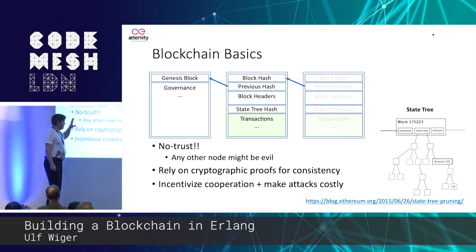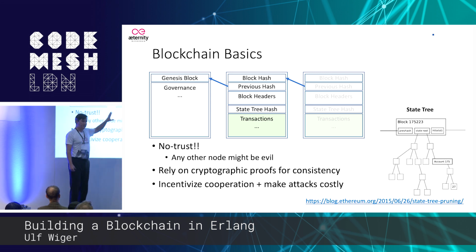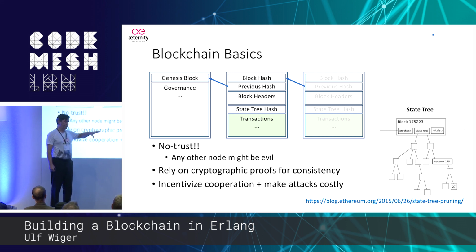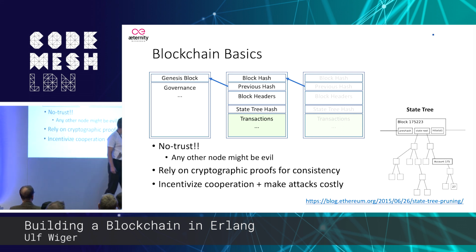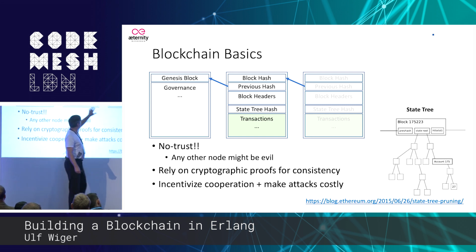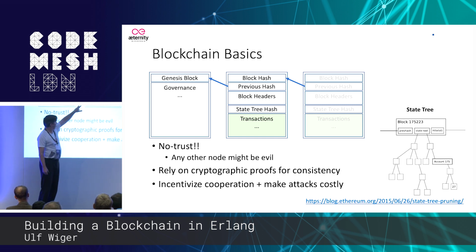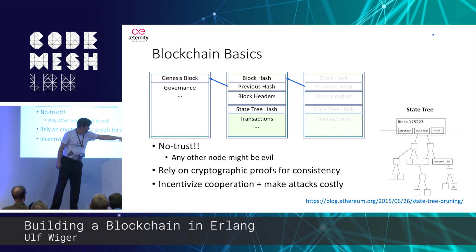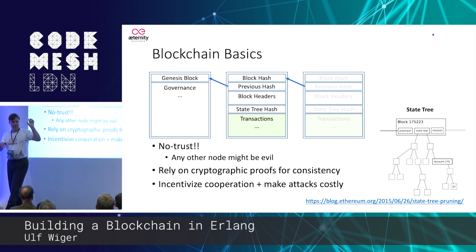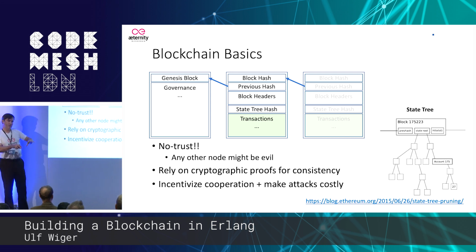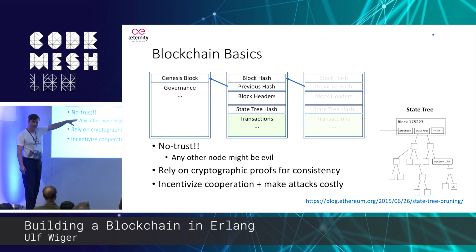So the thing about Ethereum then is that, well, to an extent also Bitcoin, but since Ethereum handles a lot more state, they added something they call a state tree. So for each block, you have the top hash of a tree that has all the relevant state for the transactions that were executed in that block.